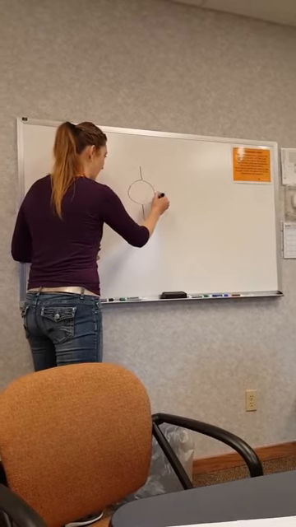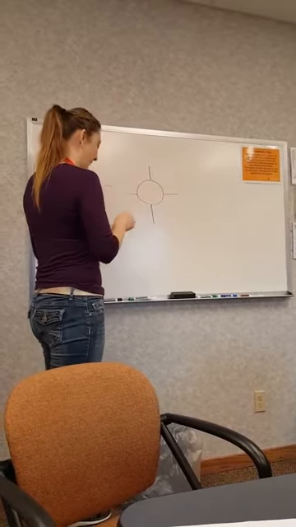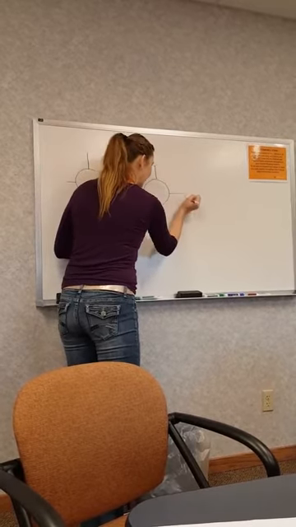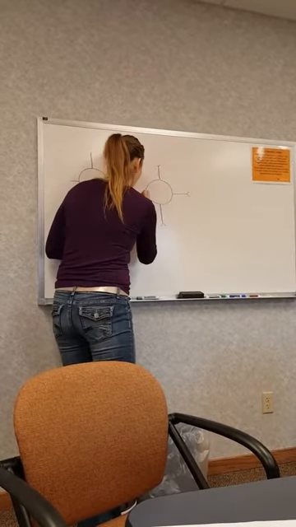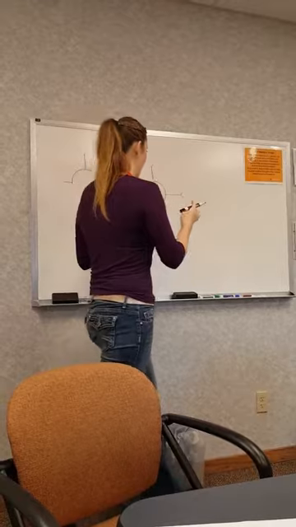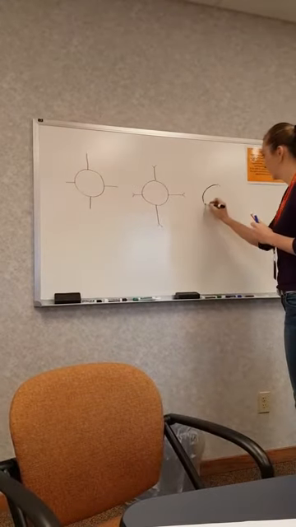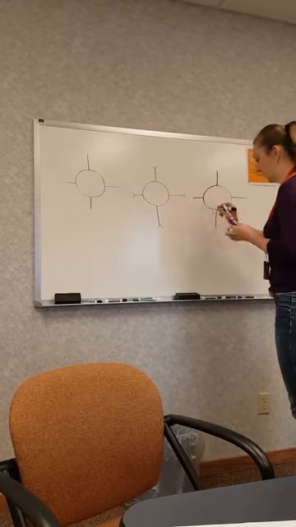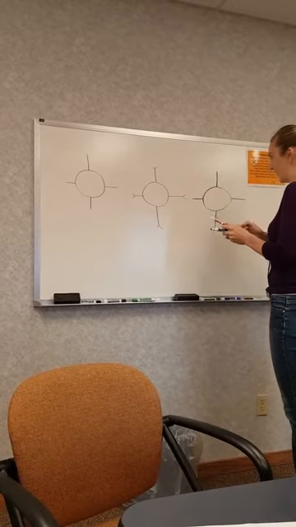An A red cell is going to have an antigen that I think looks like this. And a B red cell is going to have an antigen that I think looks like this.